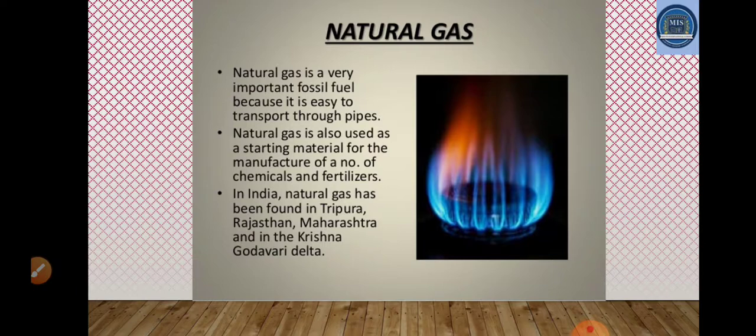Why is it known as a cleaner fuel? Because it produces less CO2 per joule than other fuels. It is also a major source of electricity generation. CNG, about which we have just talked, is a cleaner alternative to the automobile fuels also, which is used under the name gasoline.